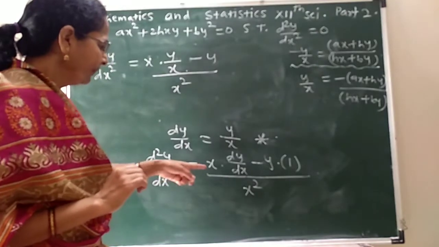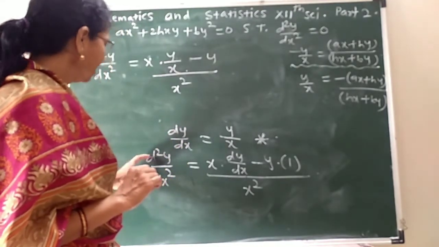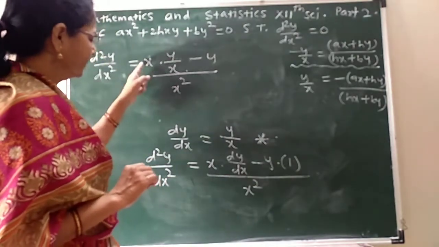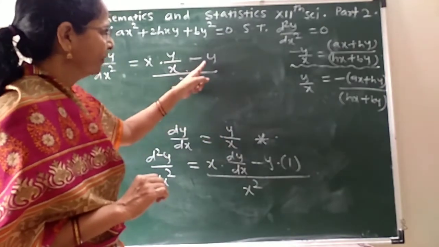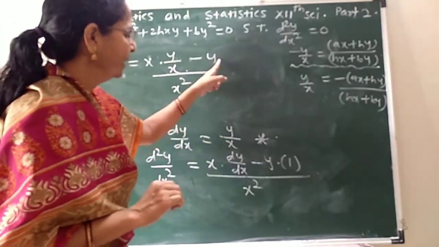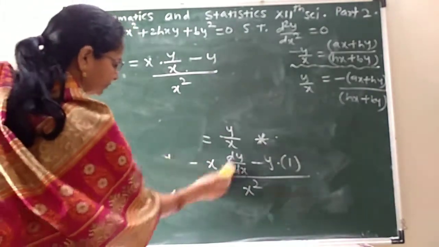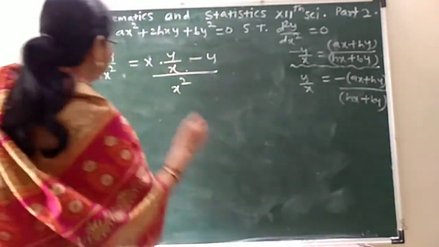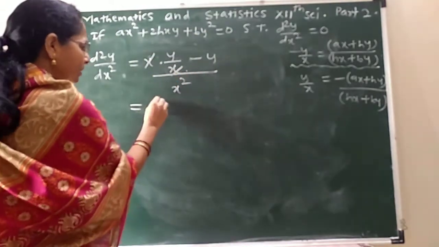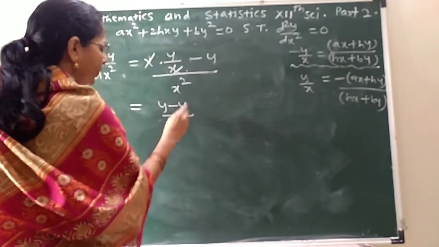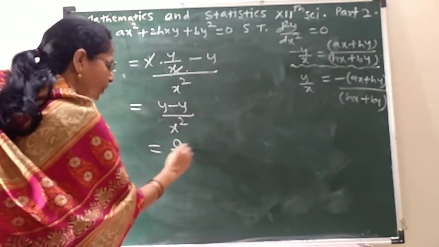Once again, remember this step, and in this step put the value of this term, which is y upon x, minus y into 1 is y upon x square. The x gets cancelled, remaining terms y minus y upon x square, y minus y is 0 upon x square.